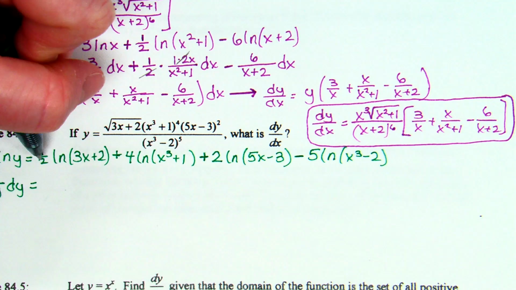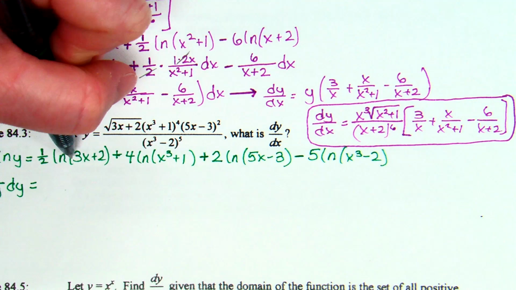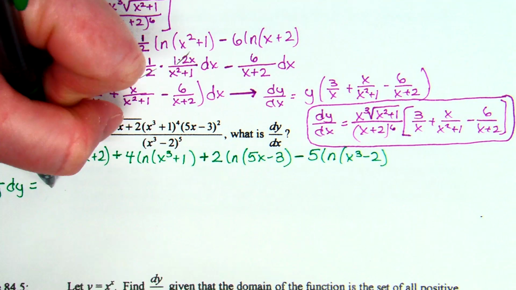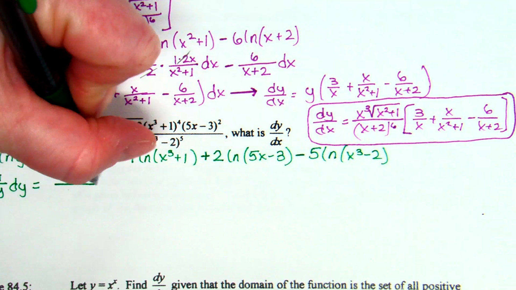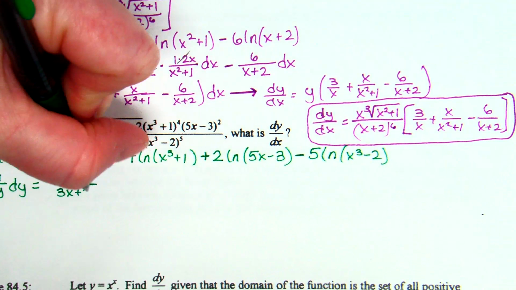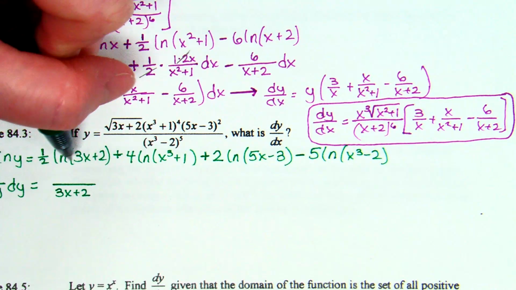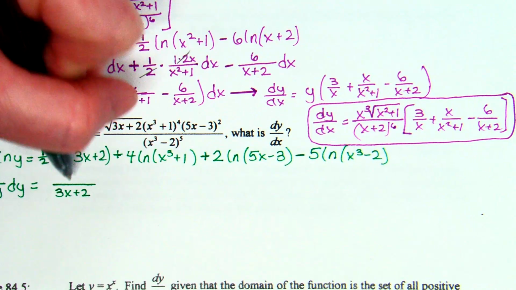Okay, so there's a 1/2 here. Derivative of natural log of 3x plus 2. I heard the 1 over 3x plus 2, yes?